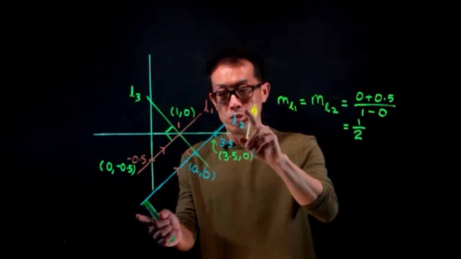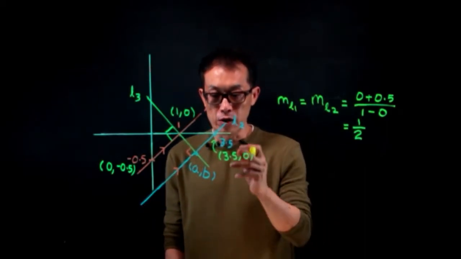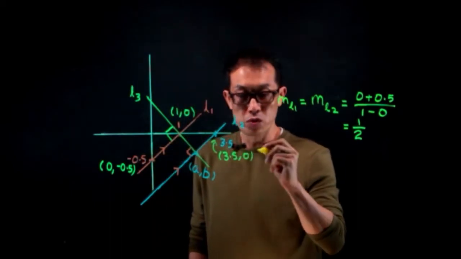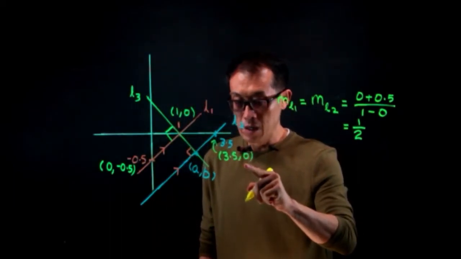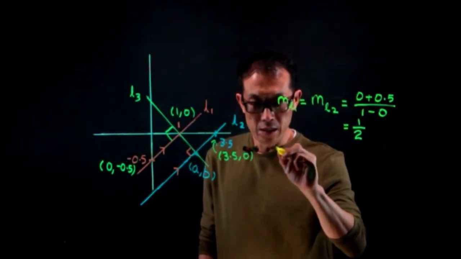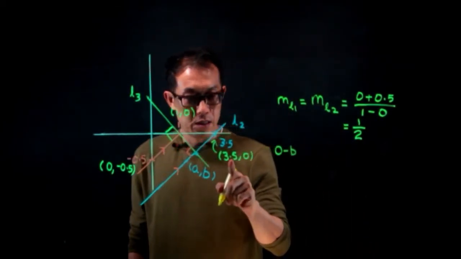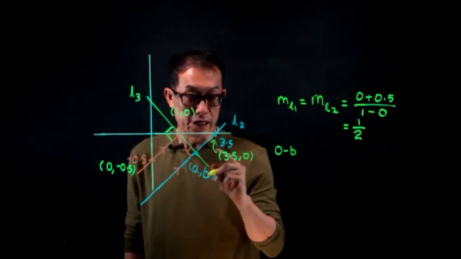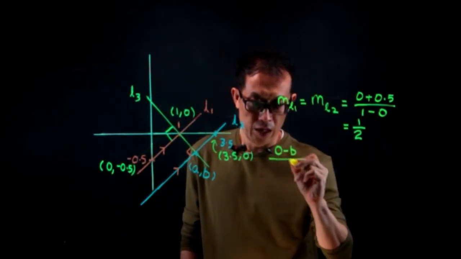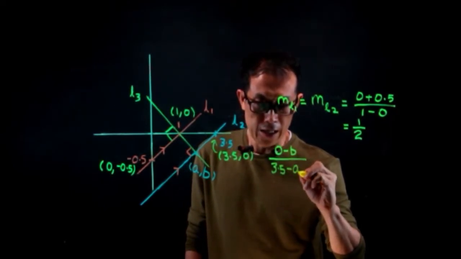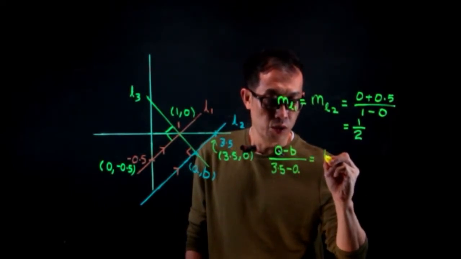Now, what is the gradient of L2? L2 will have the same gradient as L1. So, you have 0 minus b over 3.5 minus a, and that is equal to half.